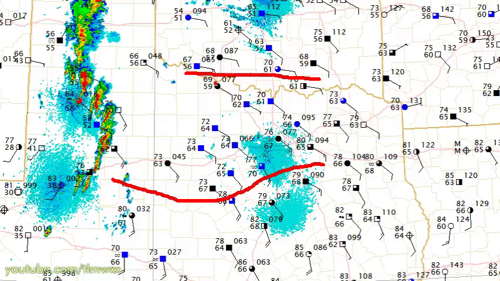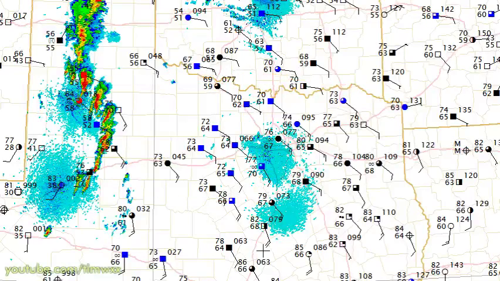So from Wichita Falls, 69 here, down to 61 at Chickasha, 54 there. Yeah, most likely this is what we're looking at for a boundary. So I'm going to keep both of those in mind.